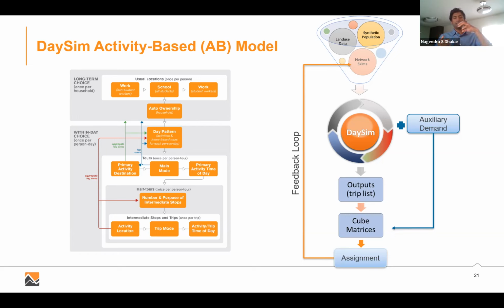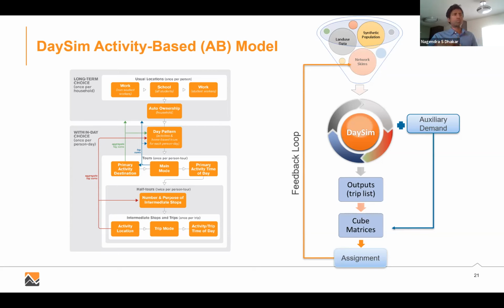So that way, once you have the new assigned flows, based on those you will recalculate your network skims, the level of service variables, and then they again go back into the demand models, whether it's DaySim or any other auxiliary demand. Demand is recalculated, you go through the same thing. You create the assignment matrices and assign them.